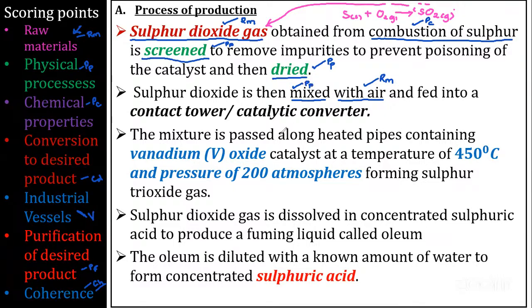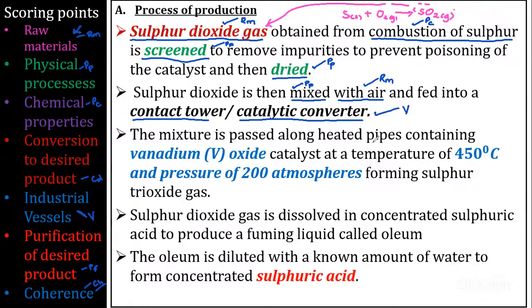You simply make a mixture of the two gases and you feed them in a contact tower, which can also be given a name of a catalytic converter. Once given a name of a catalytic converter, we shall have mentioned the vessel.